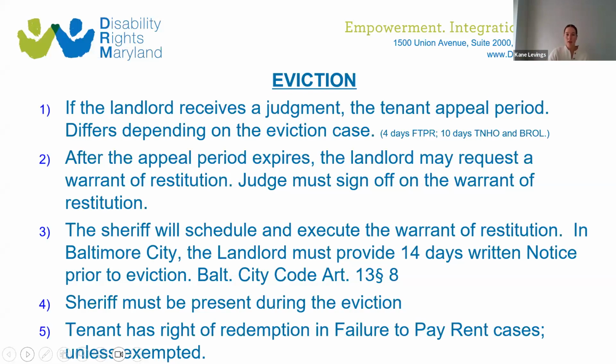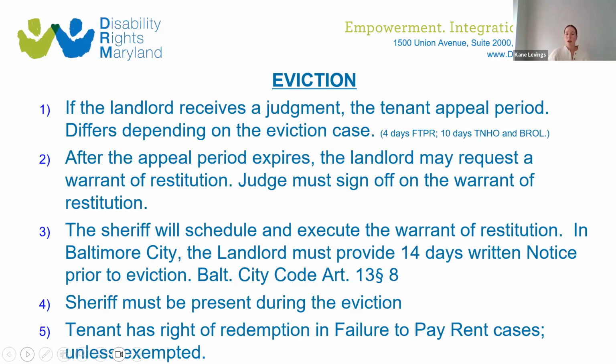So in a failure to pay rent, it's 4 days, and in a tenant holding over and a breach of lease, it's 10 days. There might be an appeal bond, which is an amount the judge sets that the tenant has to pay in order to appeal. It could be anywhere from $50 to 3 months of rent. So it really depends on what the judge decides.